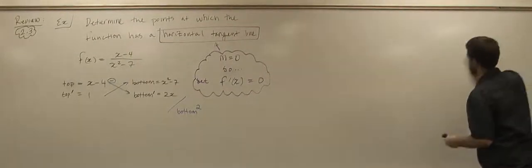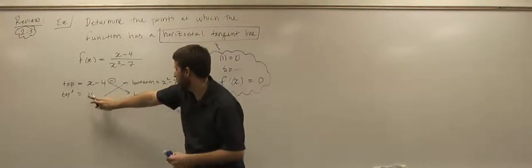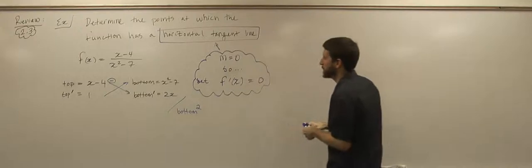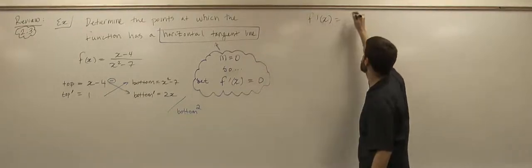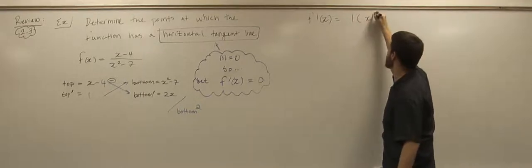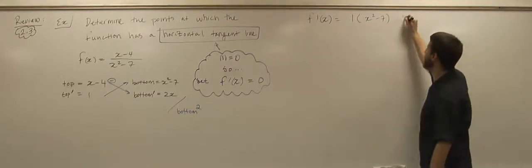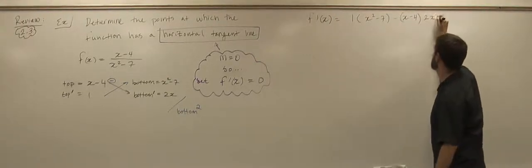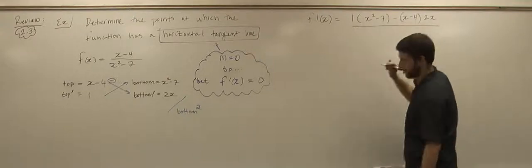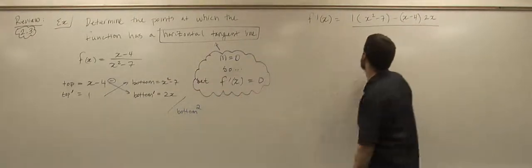Okay, I think I can do that. So I have to do, oh no, let me start down here. I have to do 1 times x squared minus 7. Right? F prime of x equals 1 times x squared minus 7 minus x minus 4 times 2x over bottom square, g squared, which is x squared minus 7 squared.